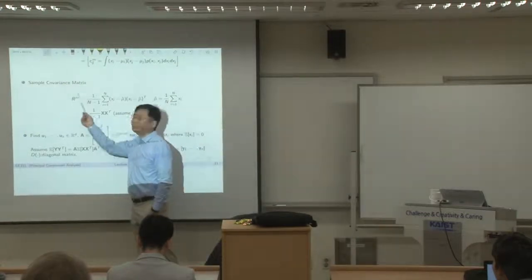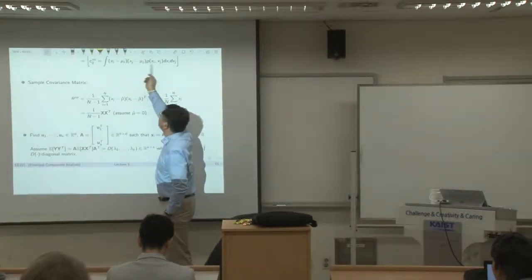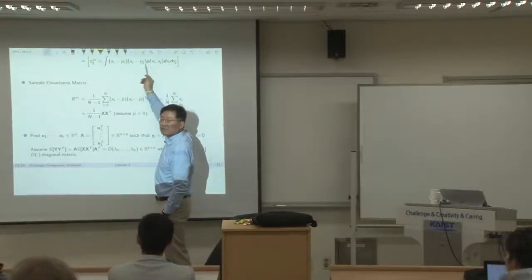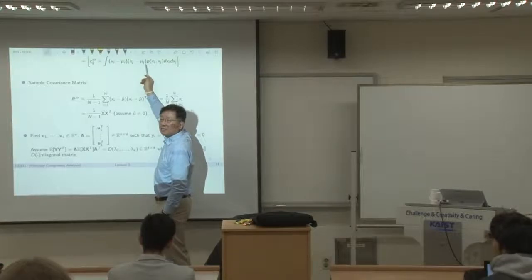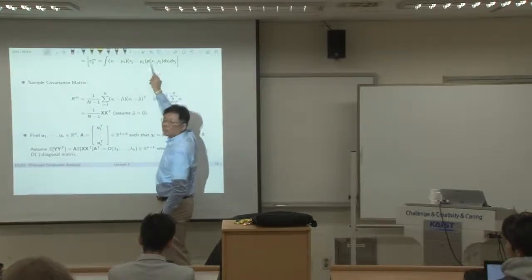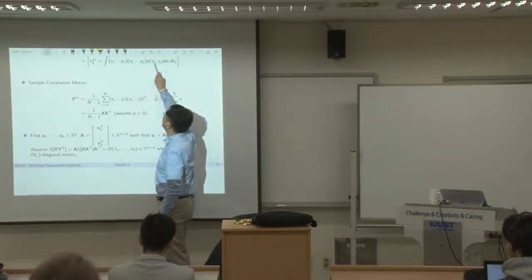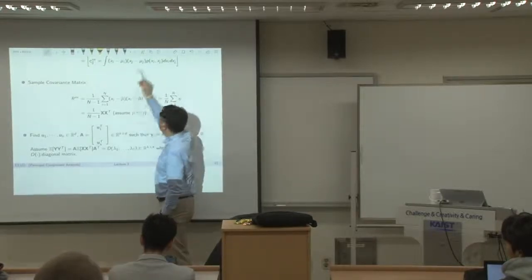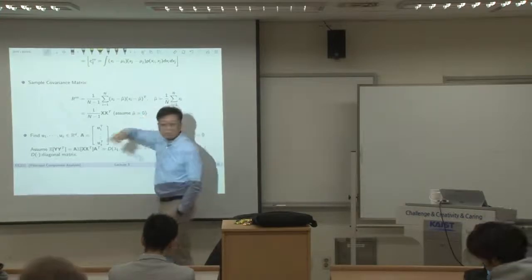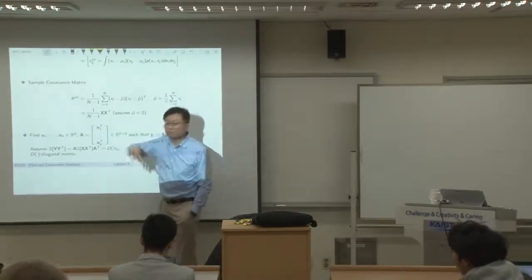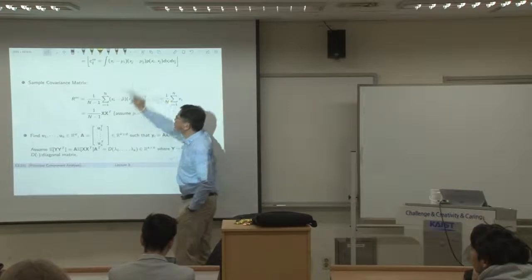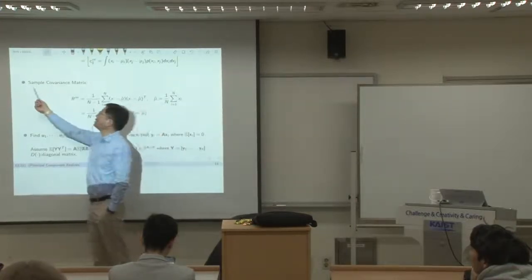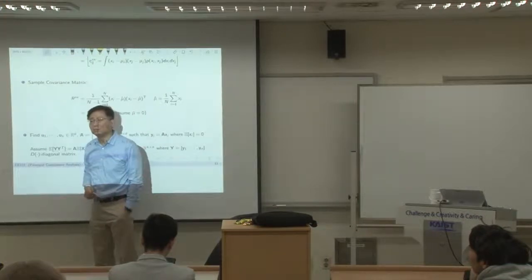I'm going to define the sample covariance, because I don't know the joint probability of the data, of the x1 and x2 values. x1 is the coordinate in one of the dimensions, xj is the data in the other dimension. I don't know the joint probability, so I consider the sample covariance.